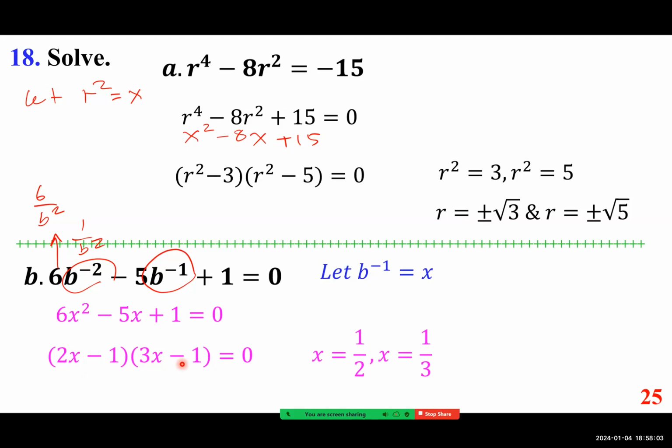And I hope you understand that this means 1 over b is x, or b is 1 over x. In other words, they are reciprocals of each other. The reciprocal of this number is b, which makes it 2. The reciprocal of this number is also b, which makes it 3.